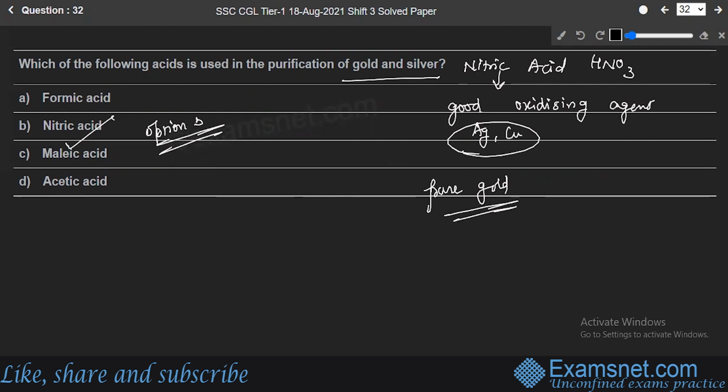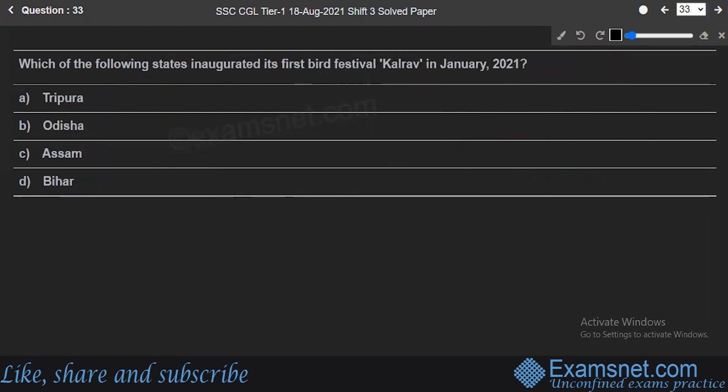Hope you are clear. Next is question number 33. Which of the following states inaugurated the first bird festival, Kalrav, in January 2021? Tripura, Odisha, Assam, or Bihar? Well, Bihar government organized the first ever Kalrav festival at Nagi Nakti Bird Sanctuary.